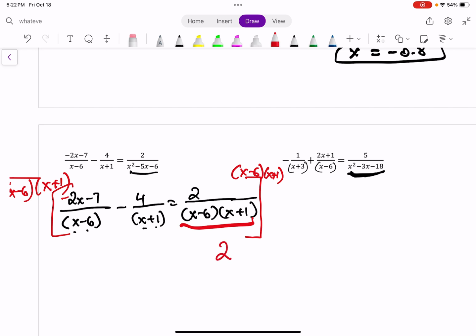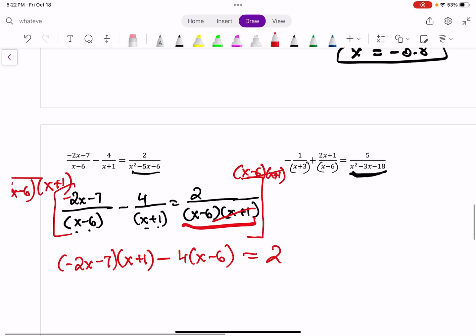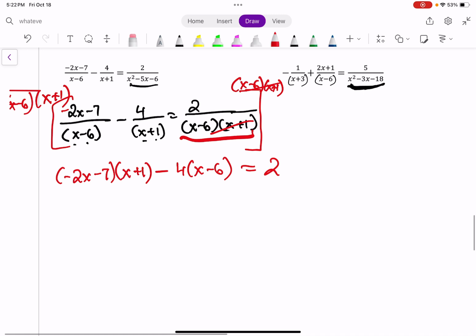All right, so on the right-hand side, they both go away. On the left-hand side, I'm going to end up with a negative 2x minus 7 times an extra x plus 1, and then minus 4 times the x minus 6, and then again equals 2. Right? So one factor at a time is gone, leaving you with the other factor.